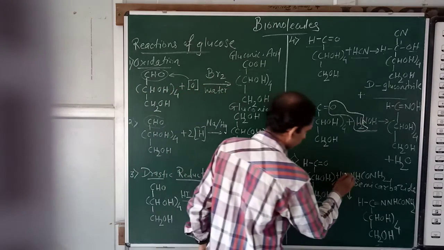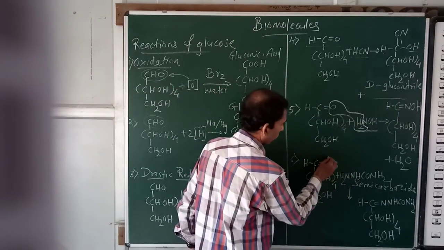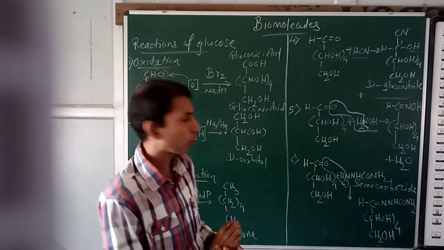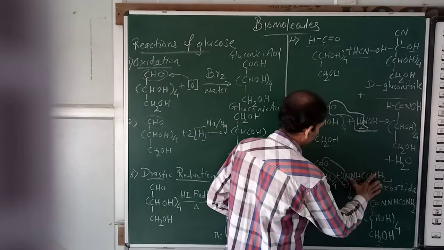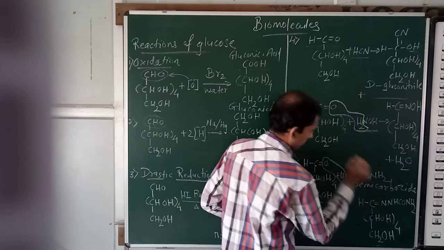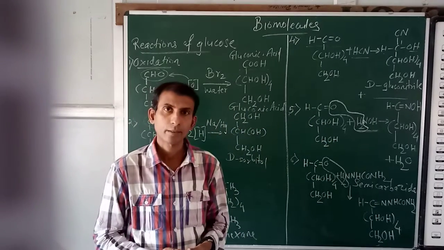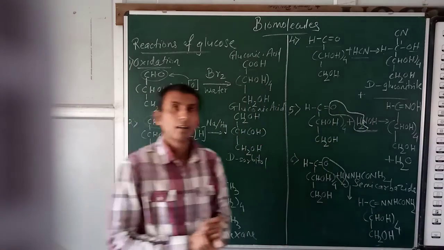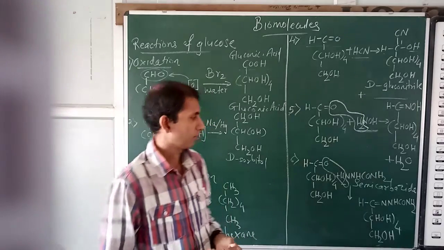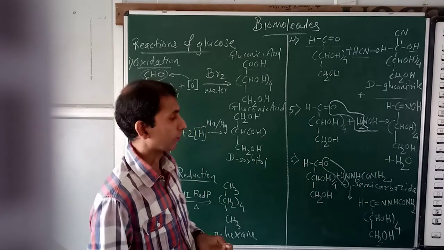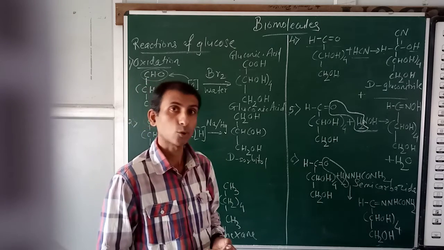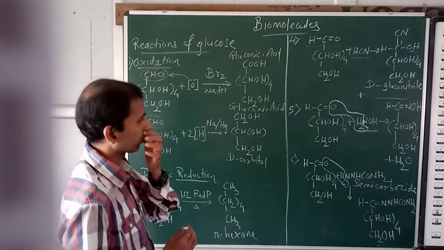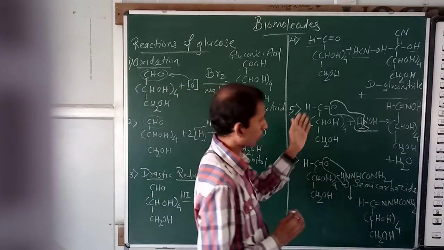Can you see this H2 here, and O? Again it will form a water molecule, and the remaining part of semicarbazide gets attached to carbon. And the name of the product formed here is semicarbazone. What is the name? D-glucose semicarbazone.